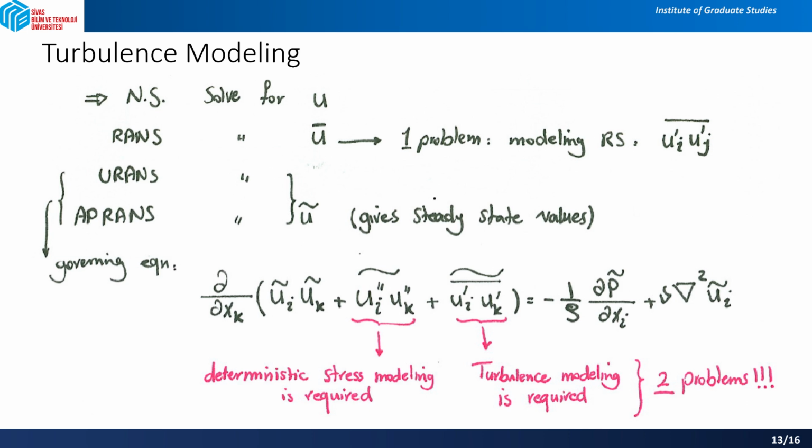So turbulence modeling is actually easier to do. But if you have a turbomachinery problem, you have to do two modelings. One for the deterministic stresses, one for the turbulence stresses.